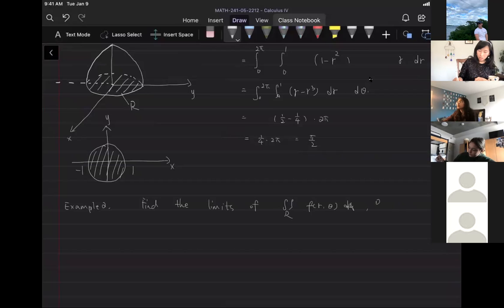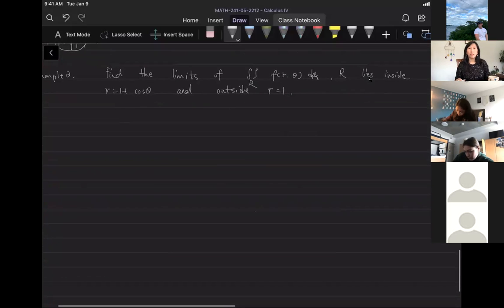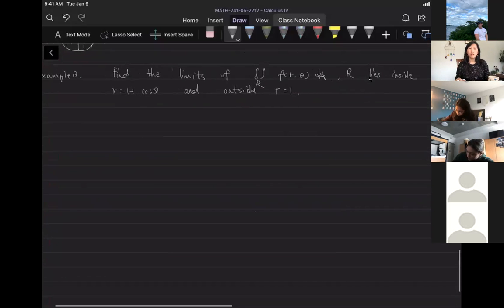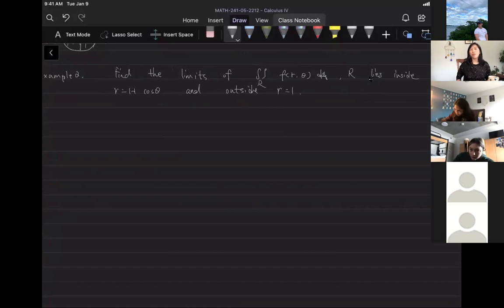And R lies inside the cardioid, which is R equals 1 plus cosine theta, and outside R equals 1. So just find the boundaries for R and theta.